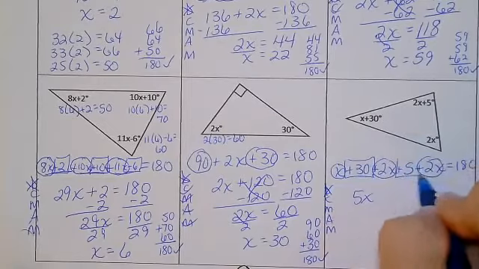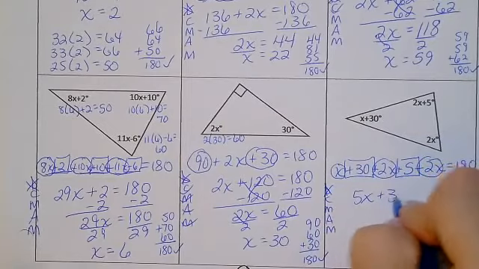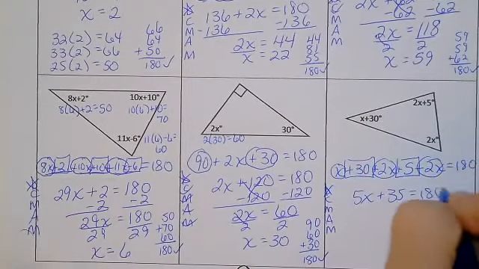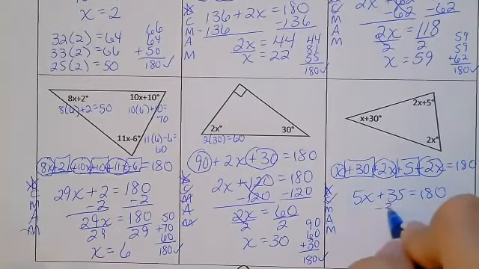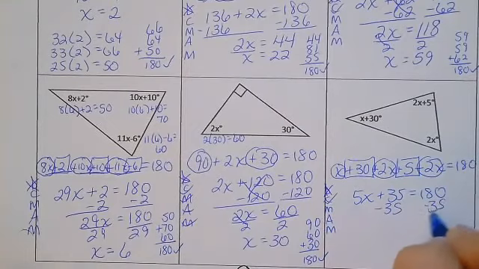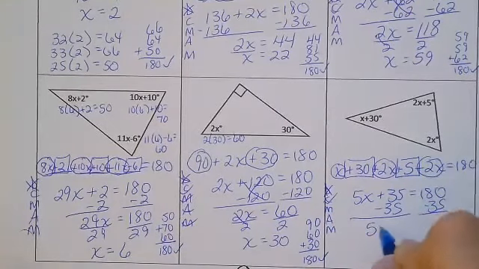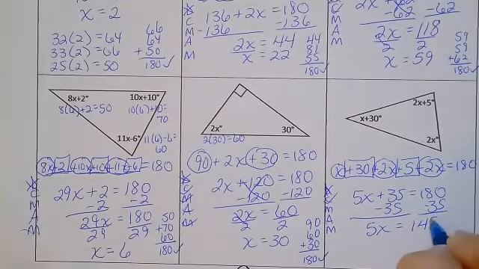Combine these constants and I get 35. Okay, so let's move 35. It's 145. Okay, we're going to divide both sides by 5 and I get 29.